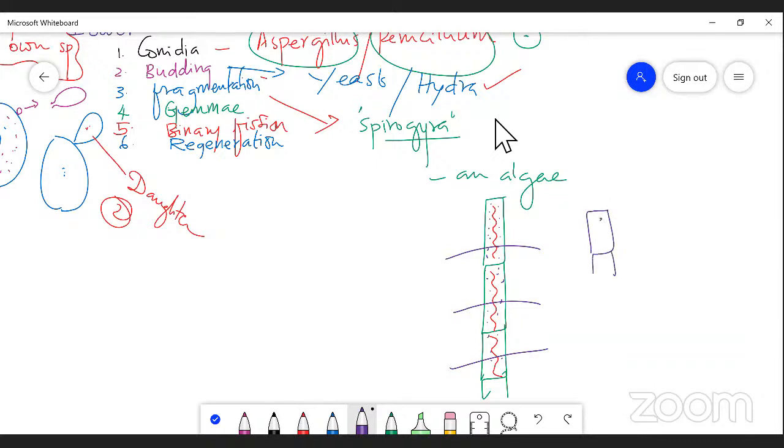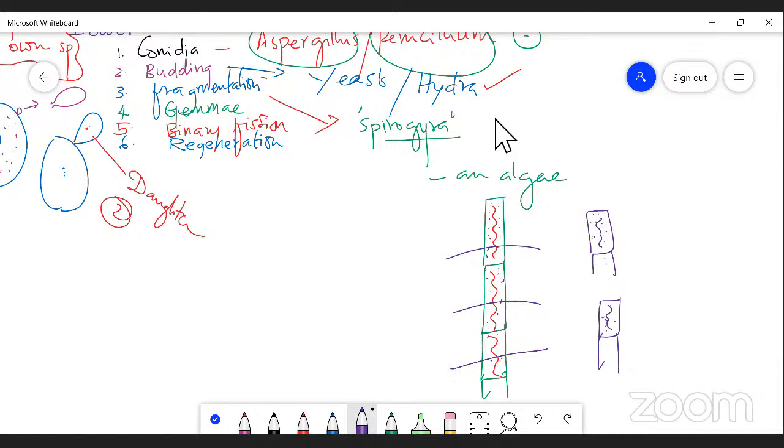Fragmentation is a process by which the entire thallus is broken into a number of small pieces, and each piece develops, grows, and attains maturity into a new organism. That is called fragmentation. This is one of the methods of reproduction, an asexual method of reproduction.